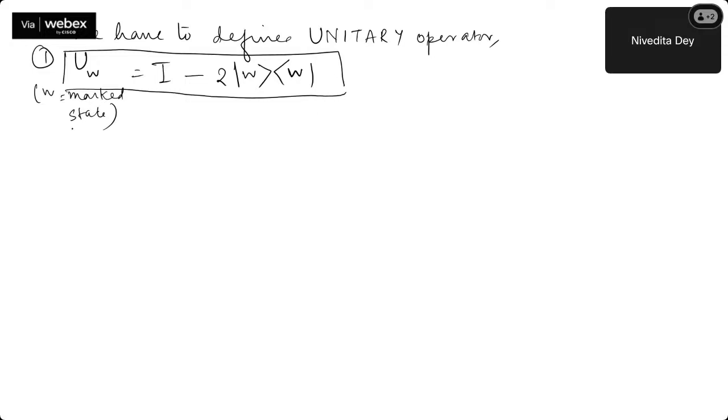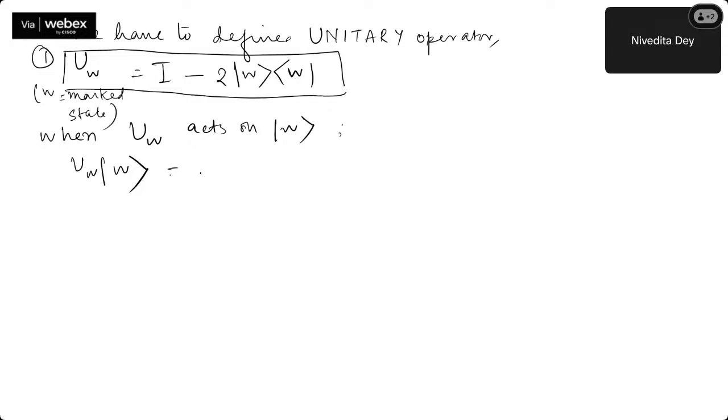Now when this UW, or unitary W, acts on the mark state W, what will happen is UW on ket W. This is an operator, that is why it is acting like this.